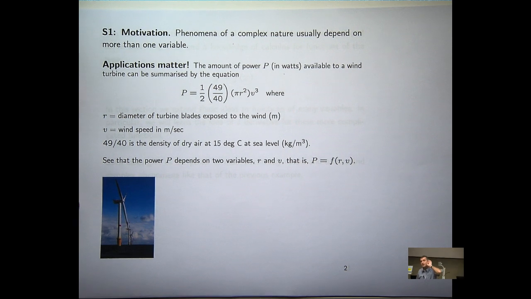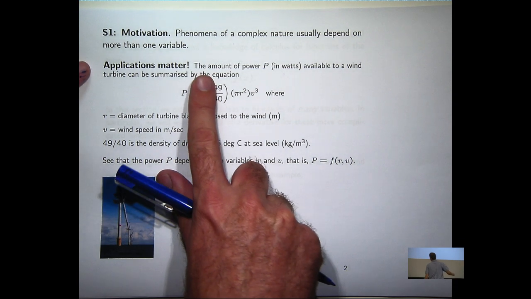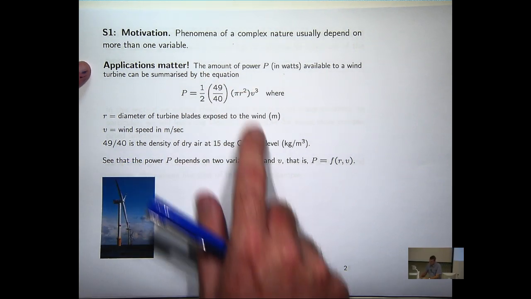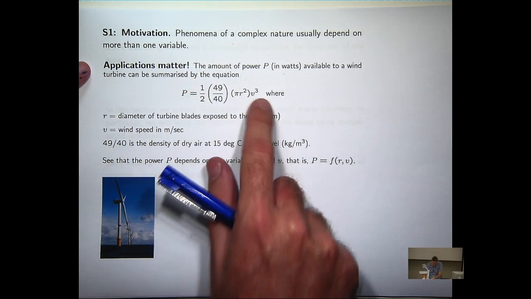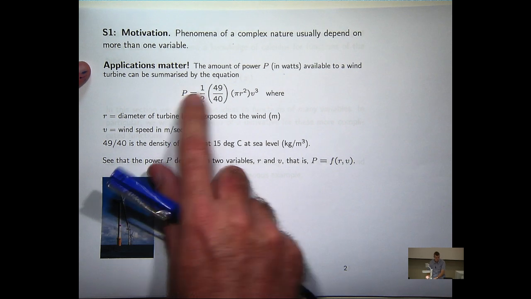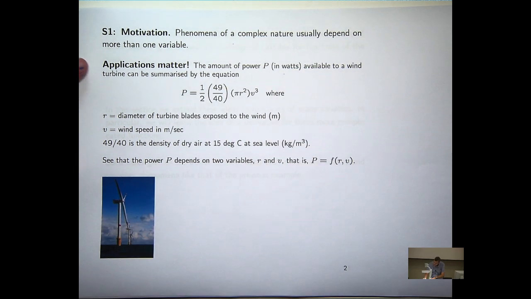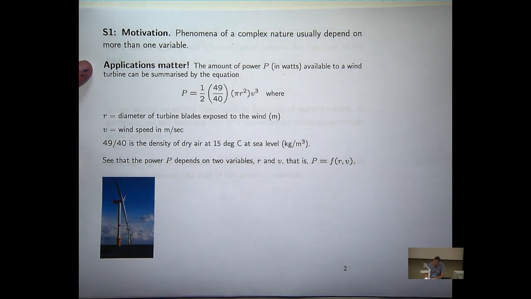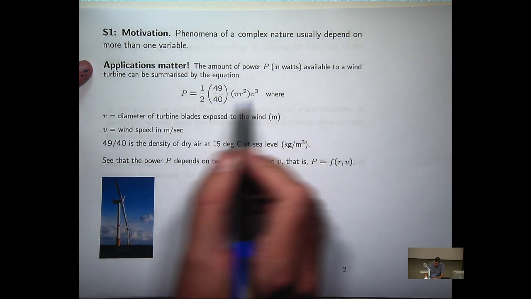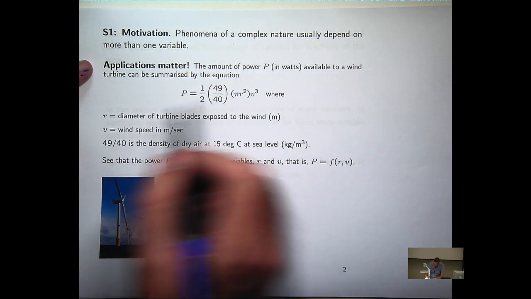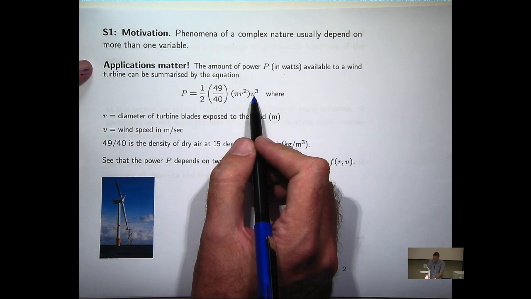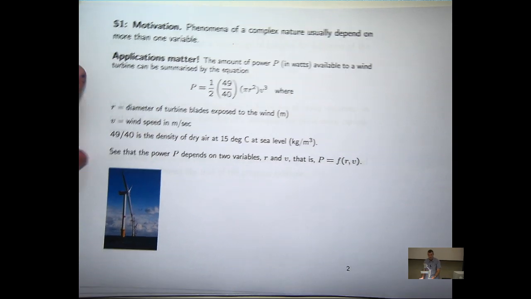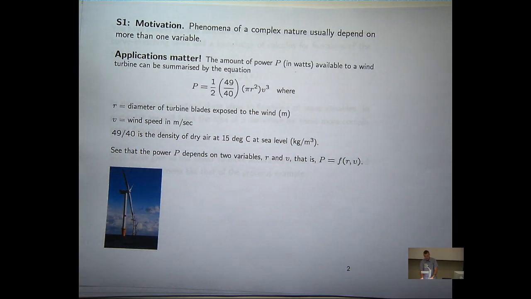Wind power is becoming increasingly popular. And you can derive the following representation for the power in watts available to a wind turbine. And the power depends on the diameter of the turbine blades and the V, the wind speed, and a few constants.